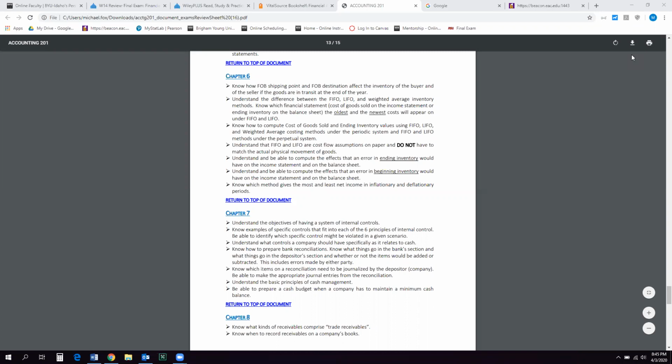So the first one is know how FOB shipping point, so freight on board shipping point, and freight on board destination affect the inventory of the buyer and of the seller if the goods are in transit at the end of the year.